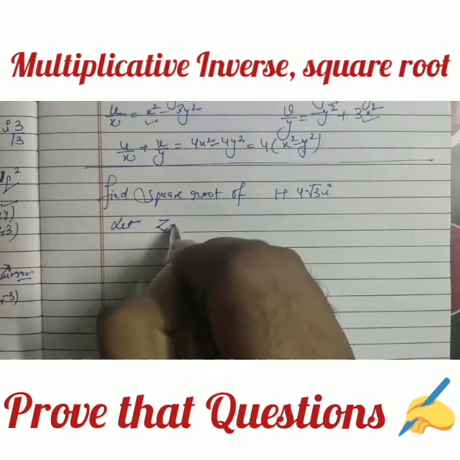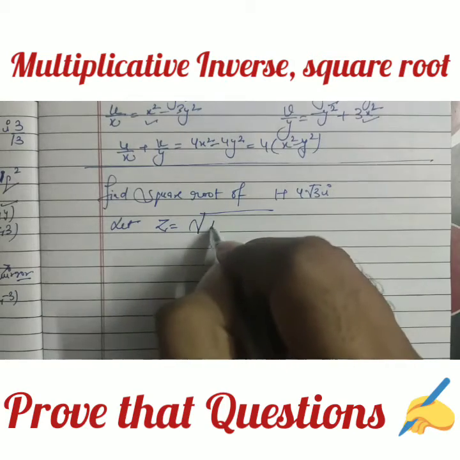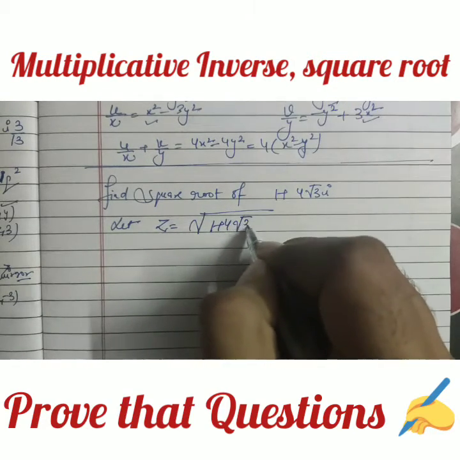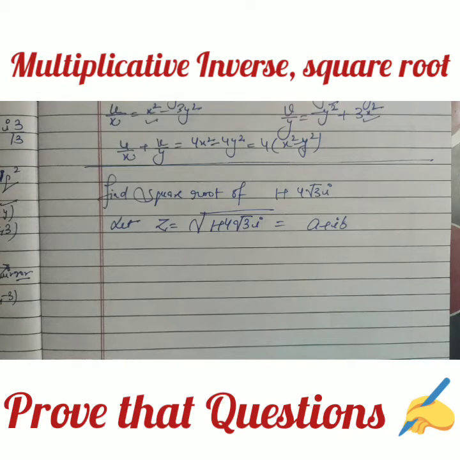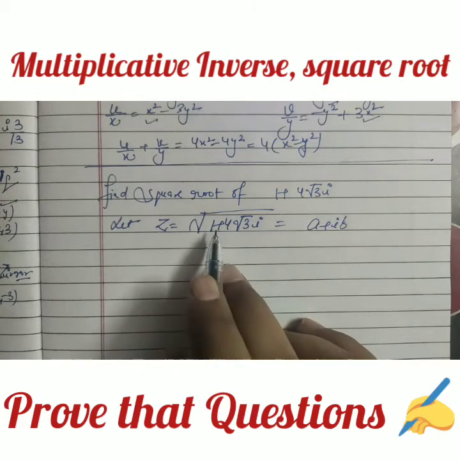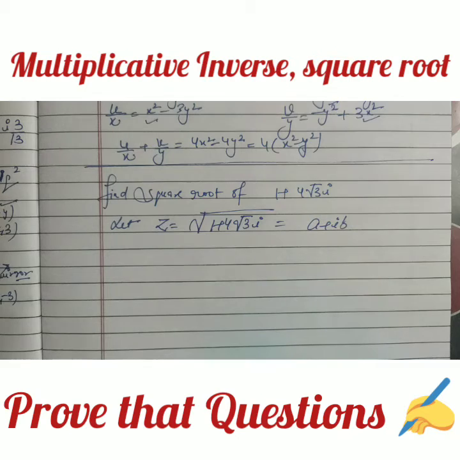Let z be the complex number which is the square root of 1 plus 4 square root 3 iota, and suppose it is given by a plus iota b. Both sides are complex numbers, so we can compare.